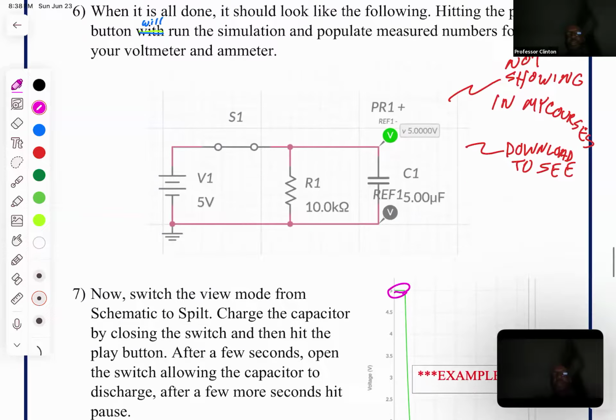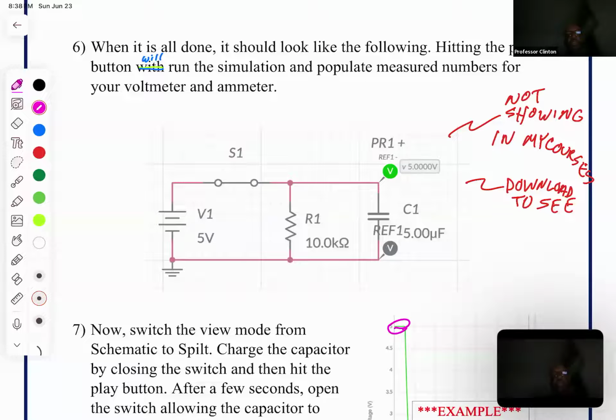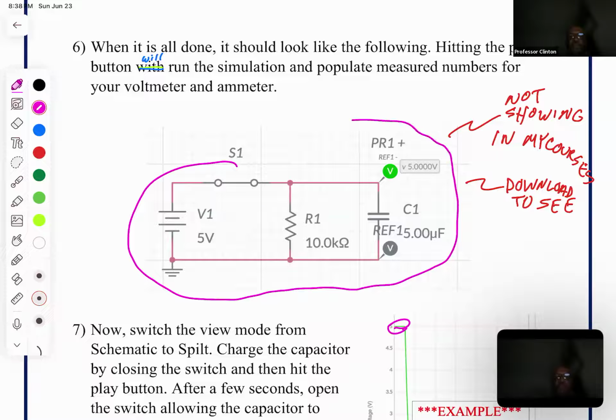Again, here's what the circuit looks like. In this area, you have the switch closed. You'll see a SPST. You don't need to know that. That just means a single pole, single throw switch. In most cases, you can think of this as a toggle switch on a simple computer or some simple game.